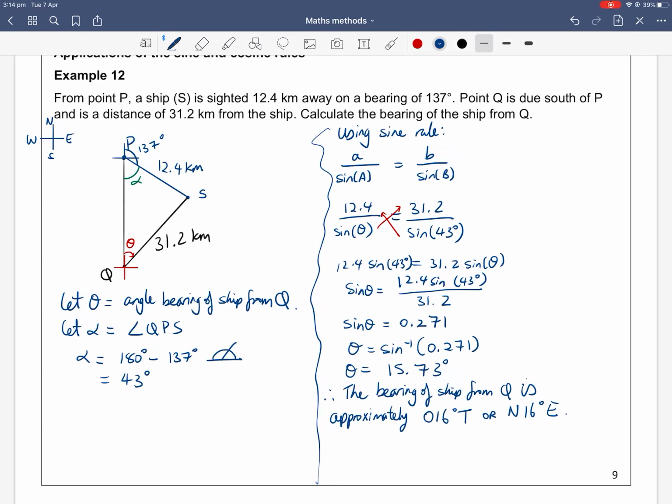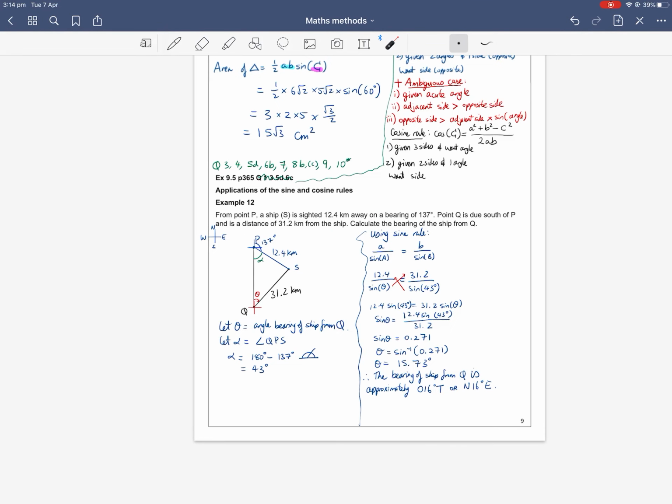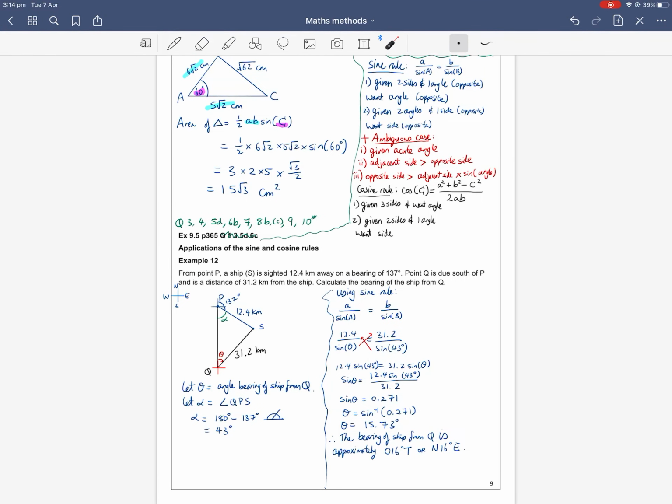And again, as a habit, because we've used the sine rule, you should always make it a habit to check whether we have an ambiguous case. So first of all, remember the conditions for the ambiguous case. Your given angle is acute. The angle we're given, which we worked out, is the green alpha. Is it acute? Yes, it is 43 degrees, less than 90.